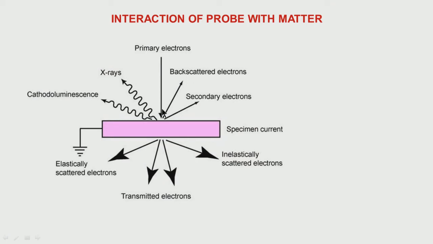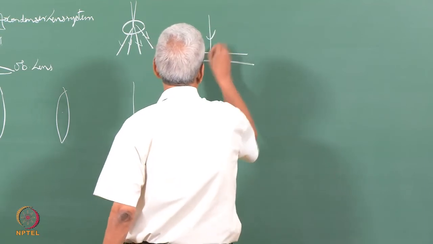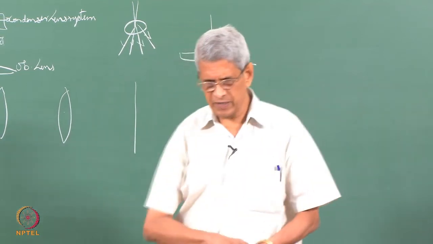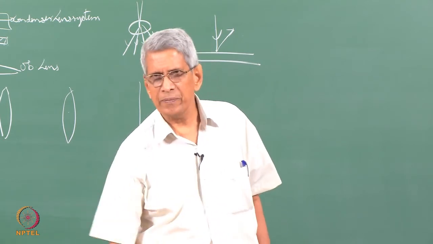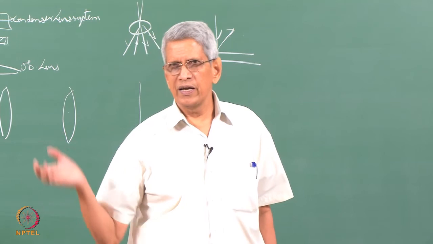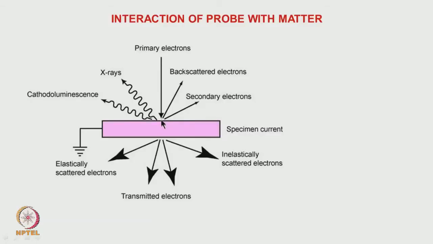If the primary beam is falling onto the sample, the primary beam itself could be scattered from the sample, correct? That is what we call backscatter, and that is what is used in scanning electron microscopy. Then from the sample some secondary electrons could be emitted.